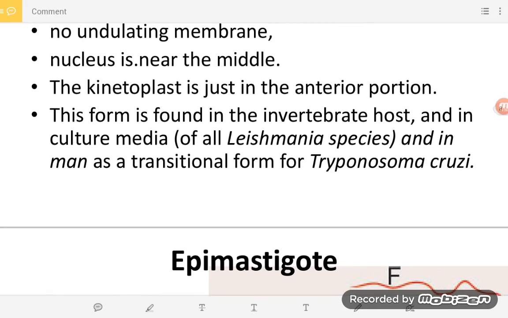And another thing: especially in the case of Leishmania species, we can see the promastigote form in the vector, but the amastigote form in human.